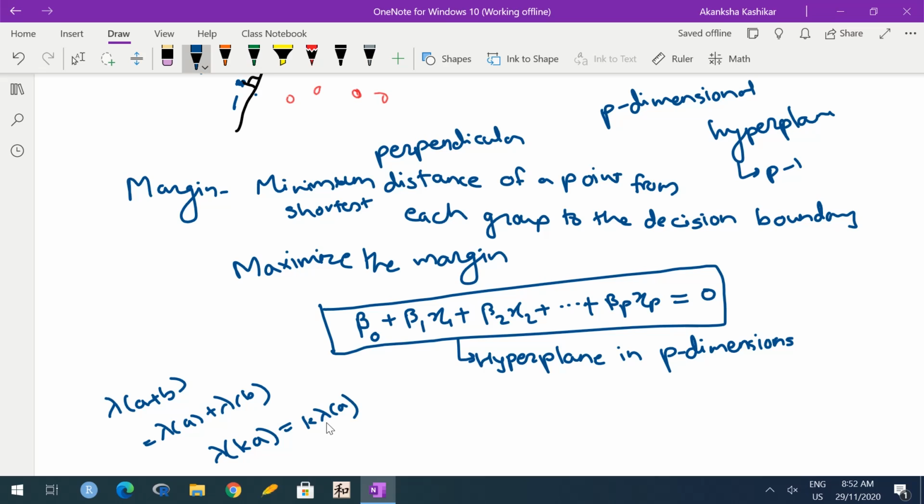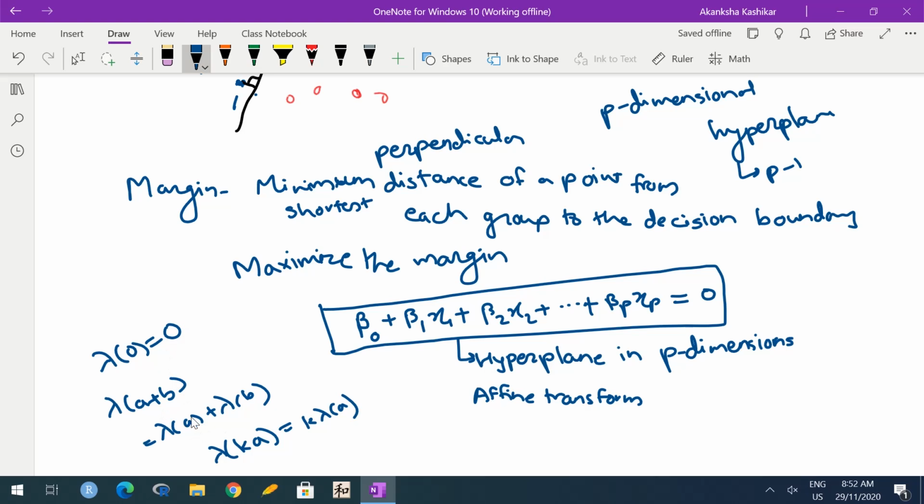So these are two properties that a linear transform has. But what we have here is not a linear transform, it is an affine transform. Why? Because in a linear transform, lambda of 0 is always 0.